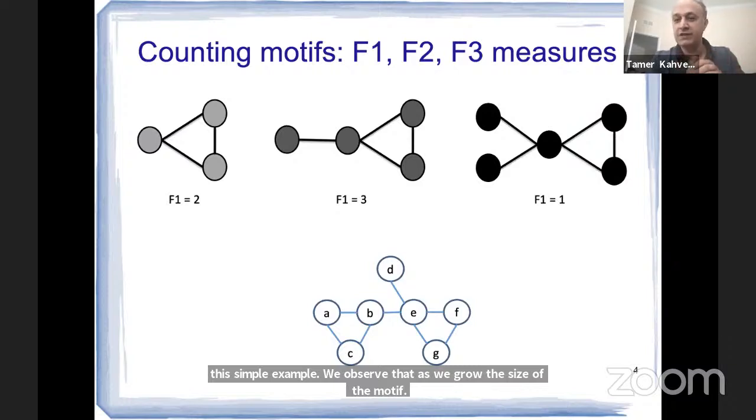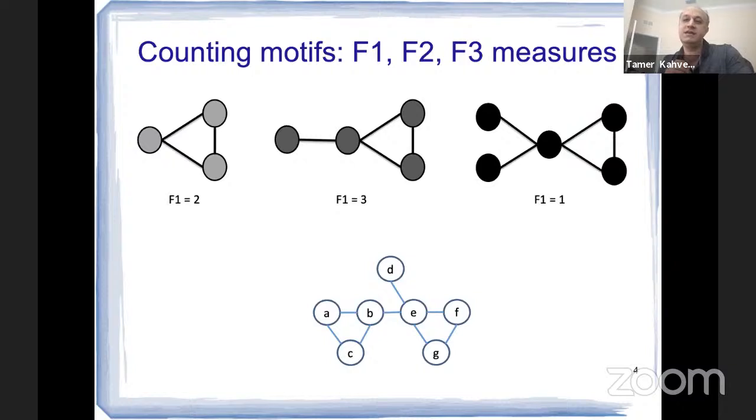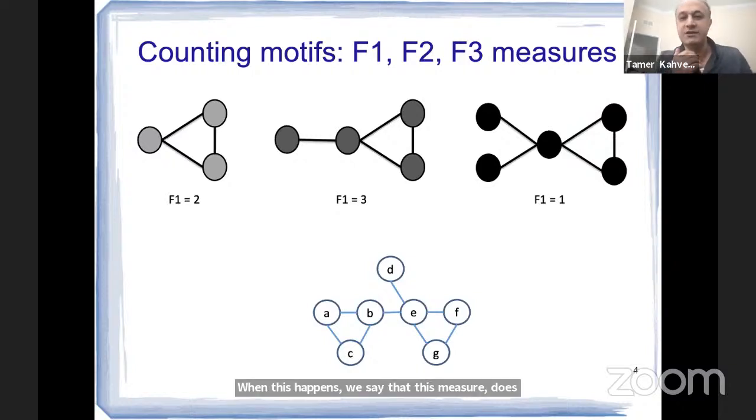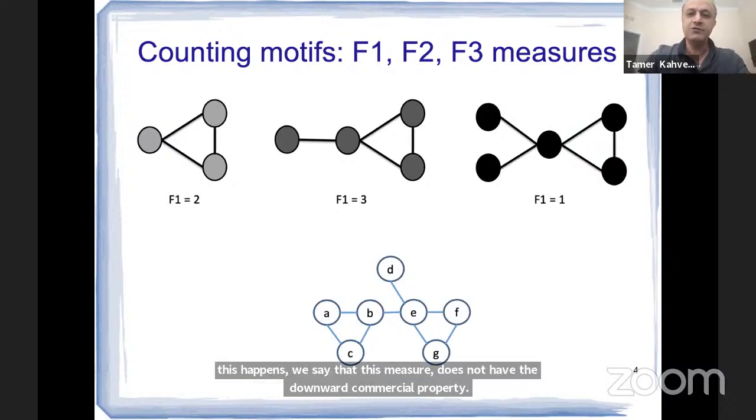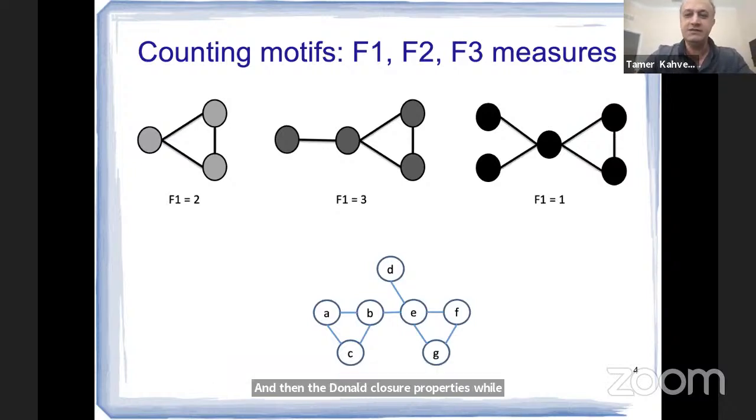So it's not monotonic. When this happens, we say that this measure does not have the downward closure property. And when the downward closure property is violated, it's really bad for a lot of problems, a lot of questions that you can ask on biological networks, including all the prediction and classification problems on biological systems.